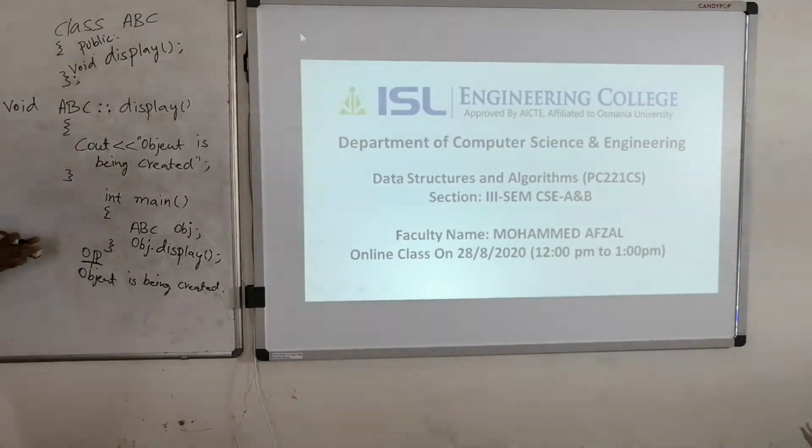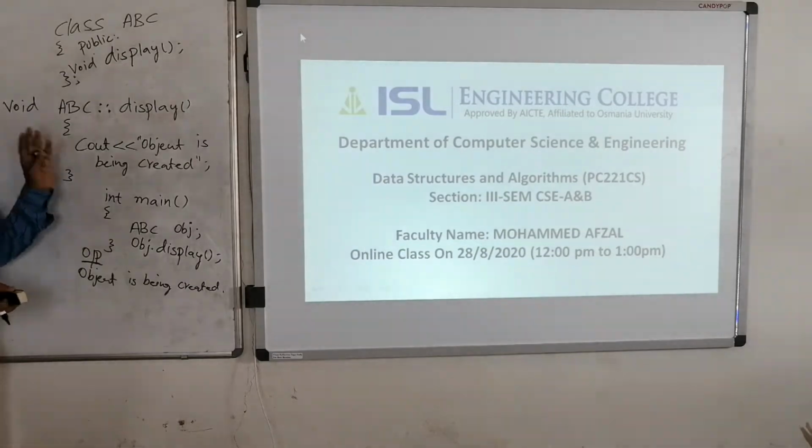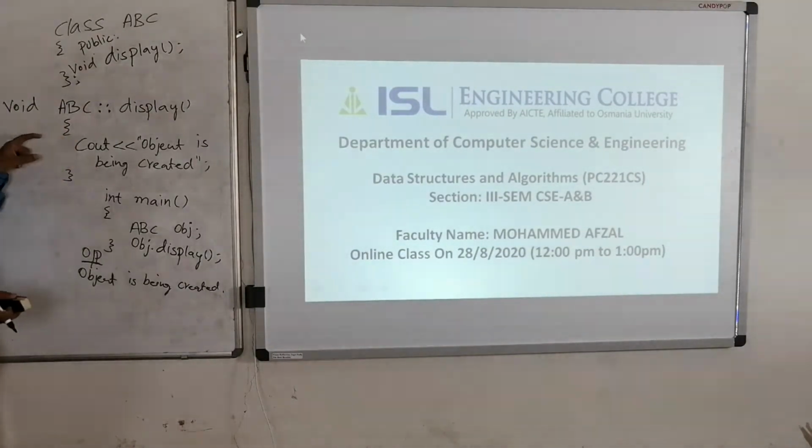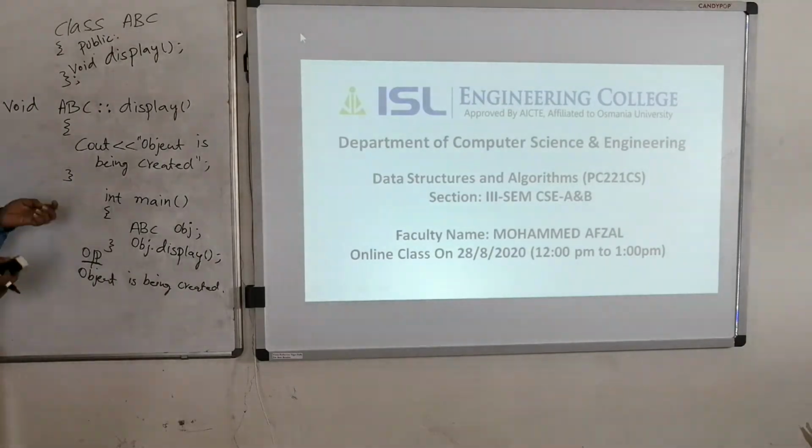If it is a constructor, there is no need to do all these things. It will be invoked automatically. As you are creating the object, your constructor will be invoked automatically, and it will print the message, or do whatever functionality you define in it. Clear?